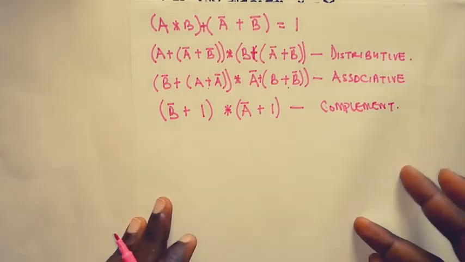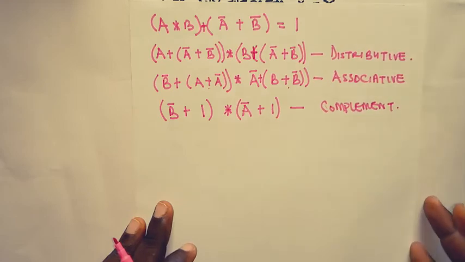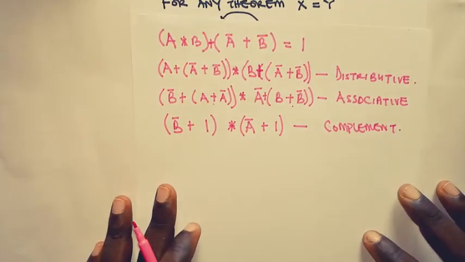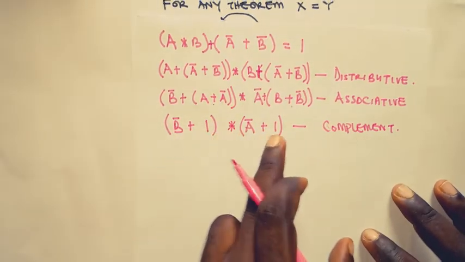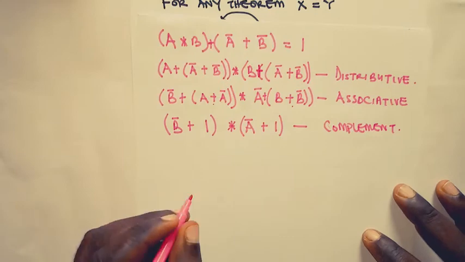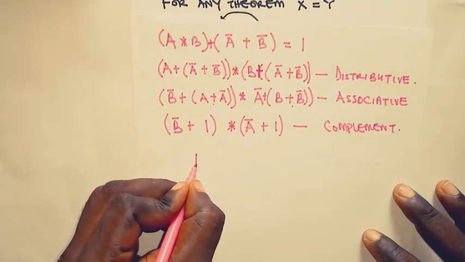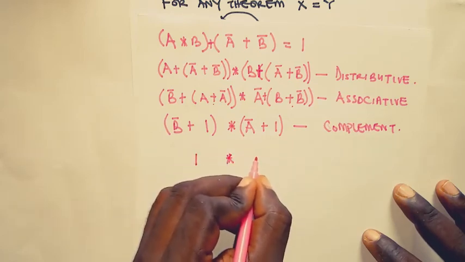So having applied the complement law, we can now apply the nullity law. The nullity law states that when you add an element to 1, you get 1 as the result. So B bar plus 1 is going to give us 1, multiplied by A bar plus 1 to give us 1.